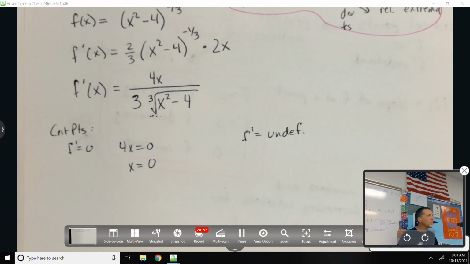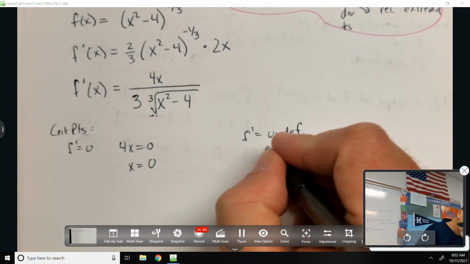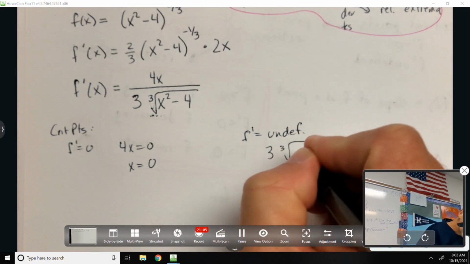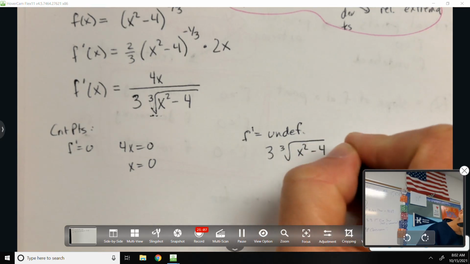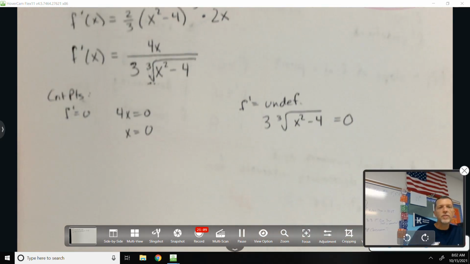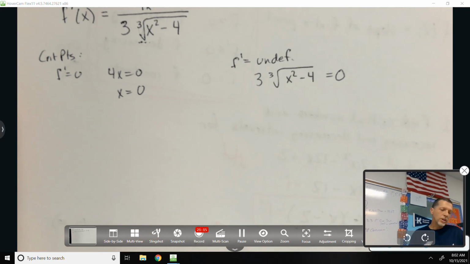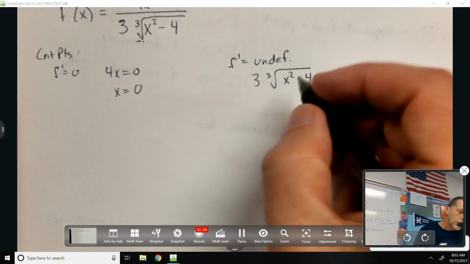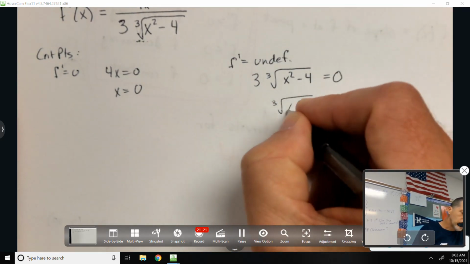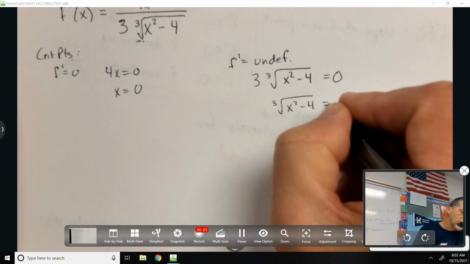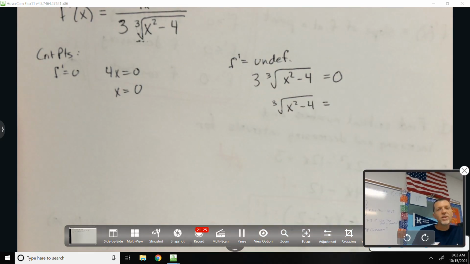What makes a derivative undefined, or what makes a fraction undefined, I should say? A 0 of the bottom. So I need to figure out what makes all of that equal to 0. Some people can look at that right away and come up with the two answers. Other people are going to do some more algebra steps to get there, like divide both sides by 3. So I'll do the algebra steps, although I hope some of you can look right away and see what makes that 0.